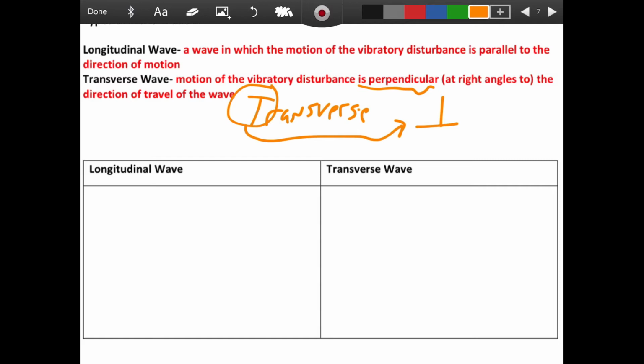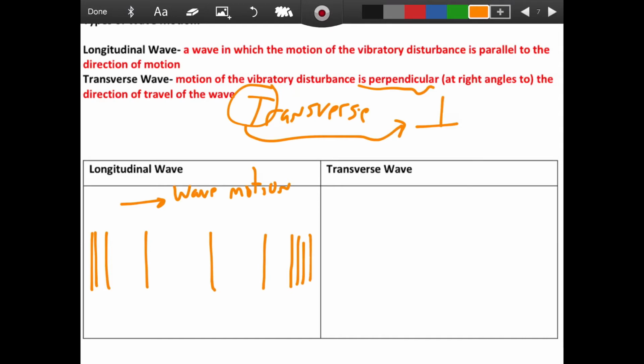Now, what exactly does this mean? So I'm going to draw pictures in each of these boxes to help us kind of visualize. But a longitudinal wave, we'll say the wave motion is to the right. And here we'll have a bunch of lines. They're going to start spreading out. Now, the direction of the wave motion, let's say we have, I don't know, a point A in space.